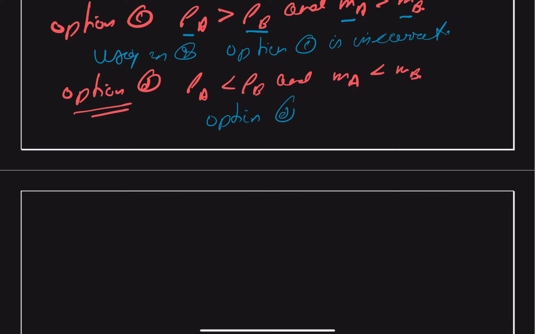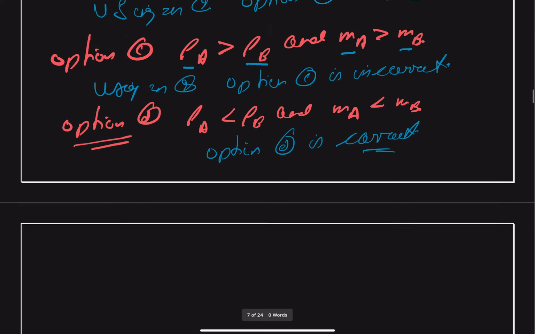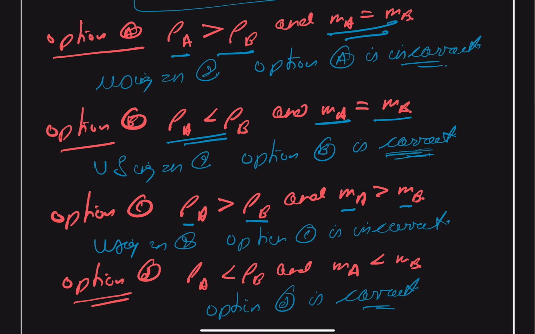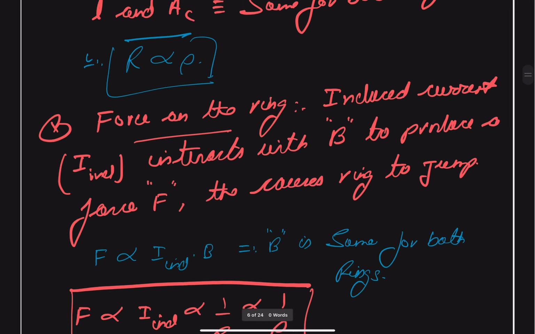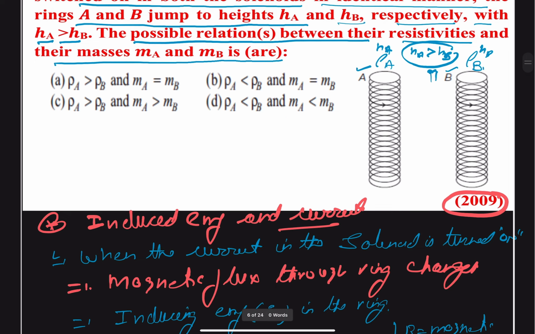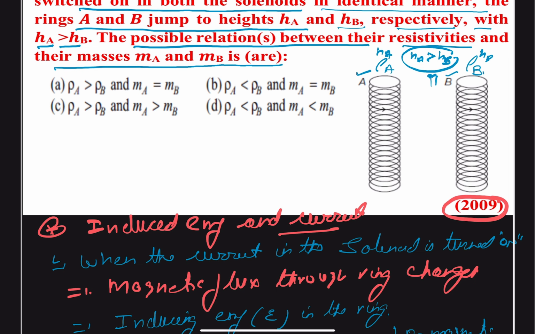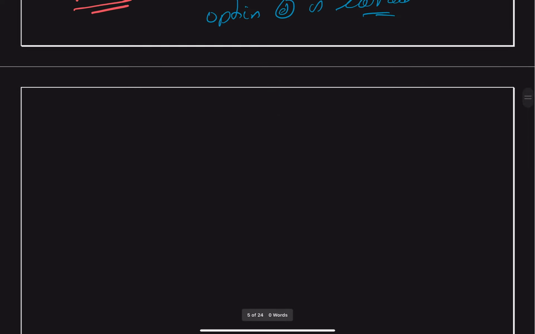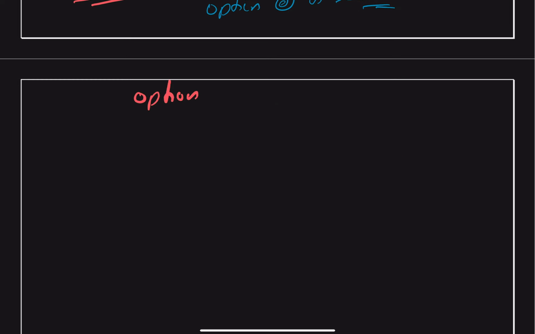So we have only two options that are correct: option B is correct and option D is correct. Options B and D are correct.